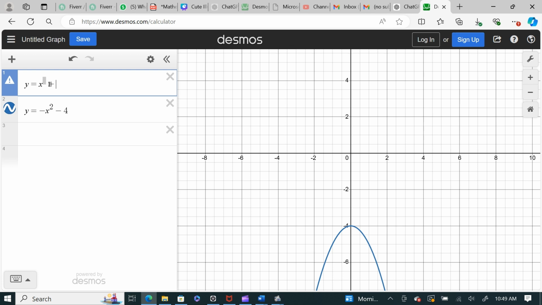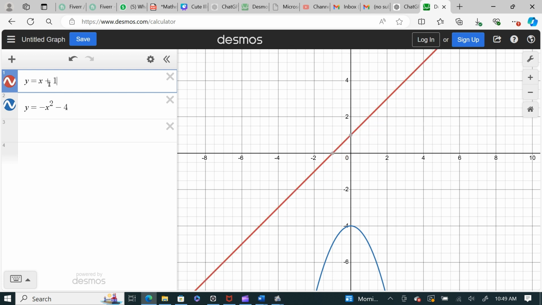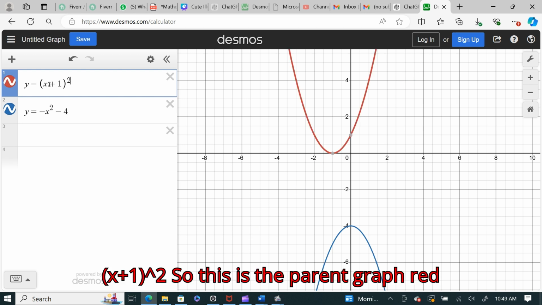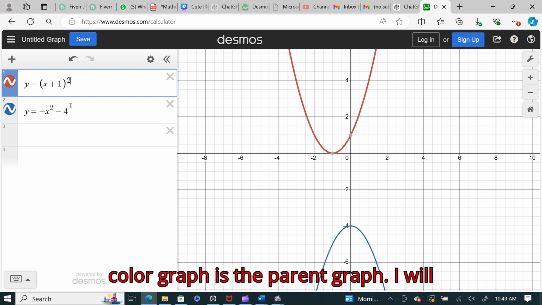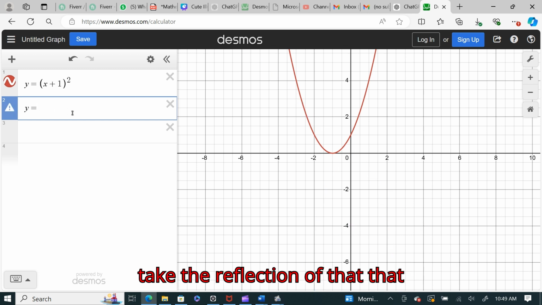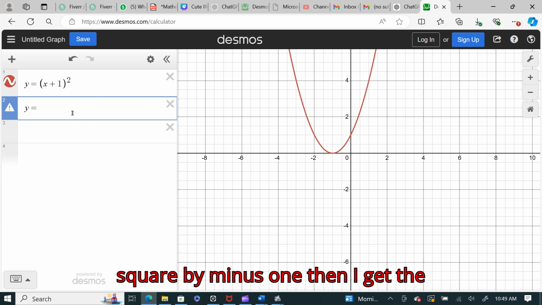Plus 1 all square. Plus 1 whole square. So this is the parent graph. The red color graph is the parent graph. I will take the reflection of that. That means I will multiply (x plus 1) whole square by minus 1.